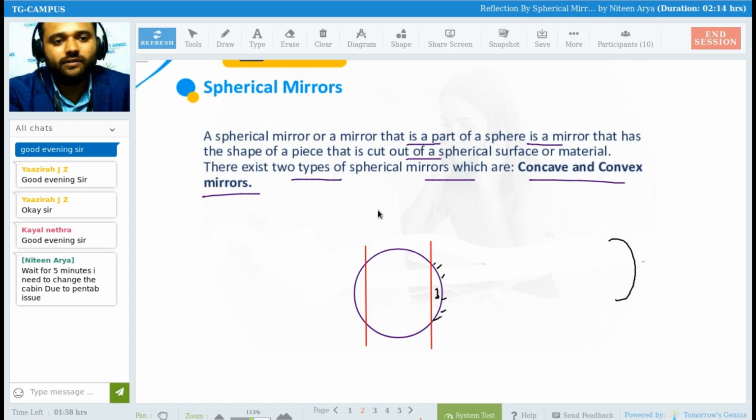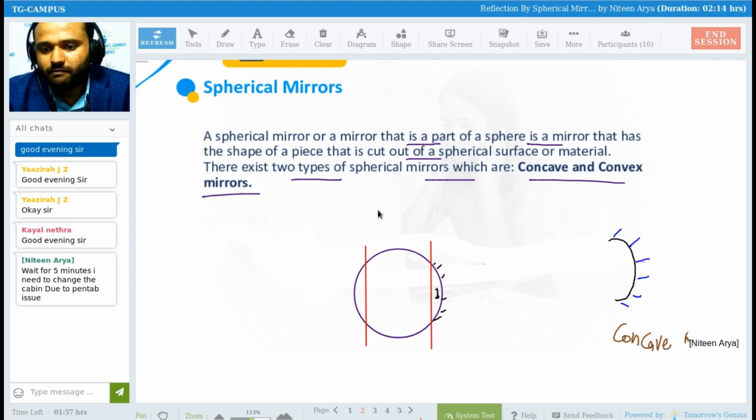Concave stands for a cave kind of shape, meaning curved inside. A mirror made up of a sphere where you painted the silver color on the outward part is known as a concave mirror.